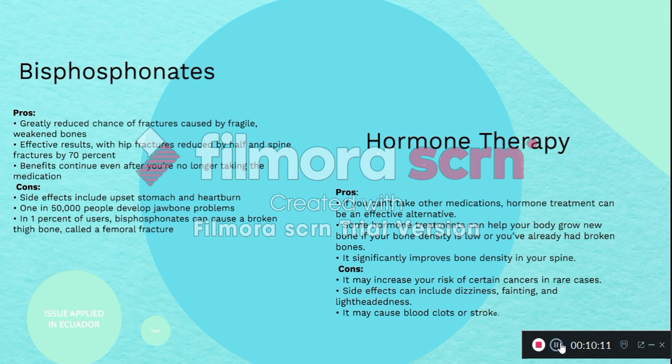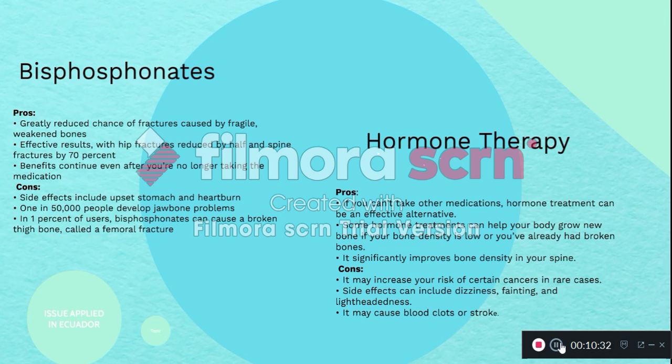The cons are that side effects include upset stomach and heartburn, and 1 in 60,000 people developed jawbone problems. In 1% of users, bisphosphonate can cause a broken thigh bone, called a femoral fracture.